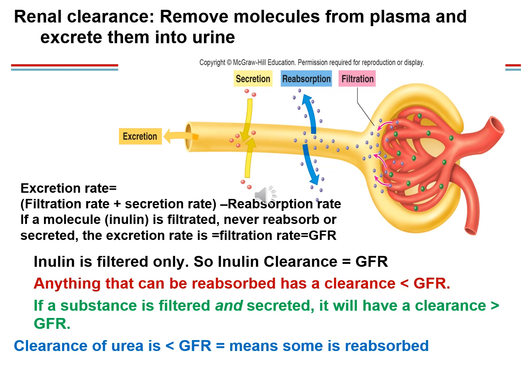The clearance of urea is below the glomerular filtration rate because it can be reabsorbed at a certain time. So the goal is to try to use a molecule that is never reabsorbed and never secreted. In other words, that molecule could be inulin, which represents the real and pure glomerular filtration rate in your kidneys.